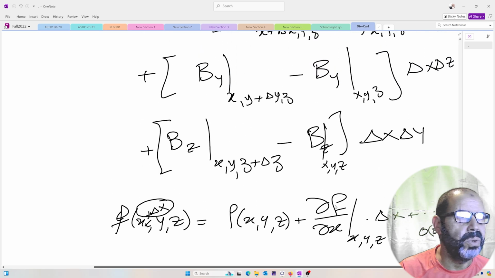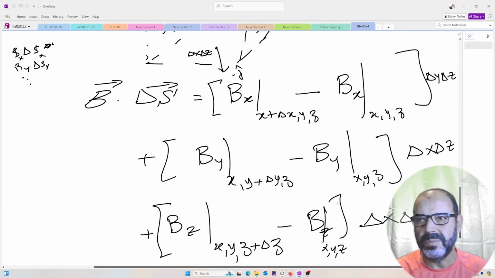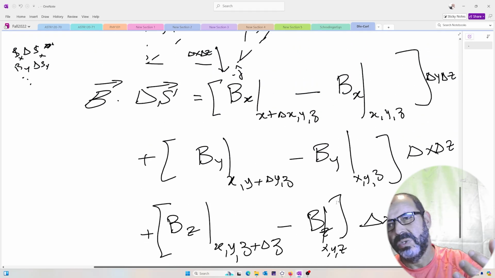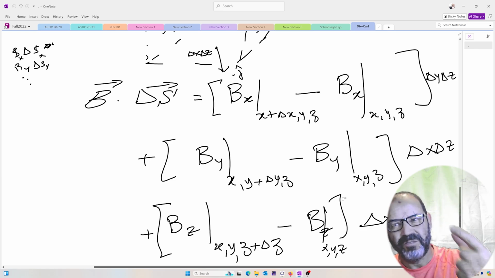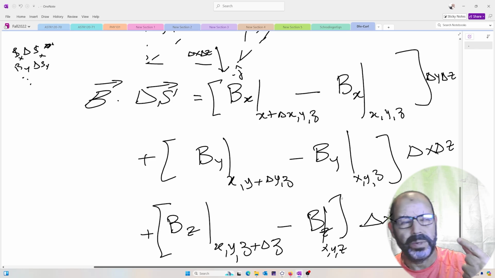And the reason why we don't care for the higher order, because ultimately delta x and delta y and delta z are going to go to 0. So the only quantities that remain are of the first order, so that we can integrate over them.